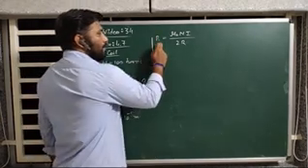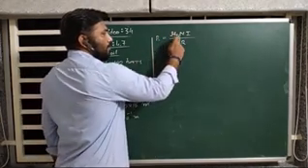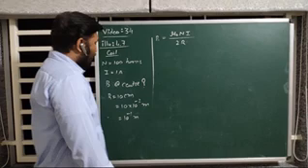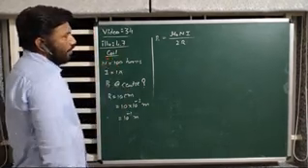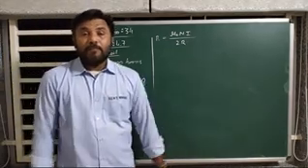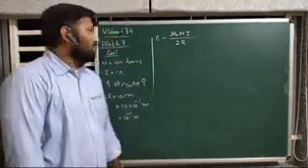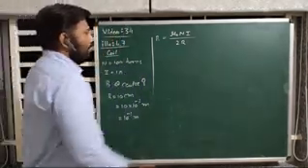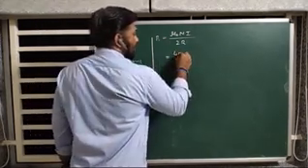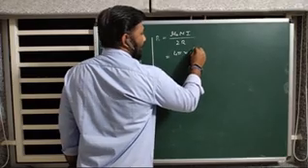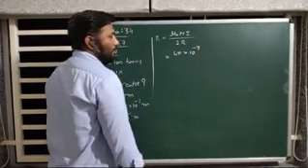You know the equation of B, mu 0 N I upon 2R, for the magnetic field at the center of a coil. Now, simple, very easy. Place the values and find the answer. What is mu 0? Mu 0 is a constant having the value 4 pi multiplied by 10 raised to minus 7.